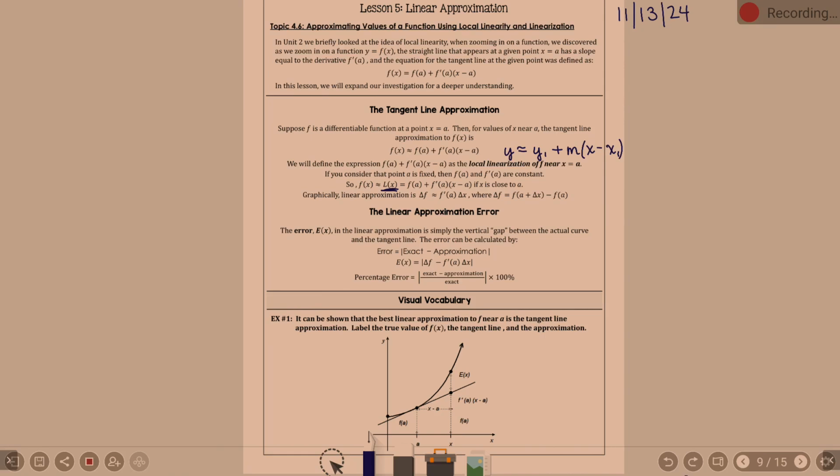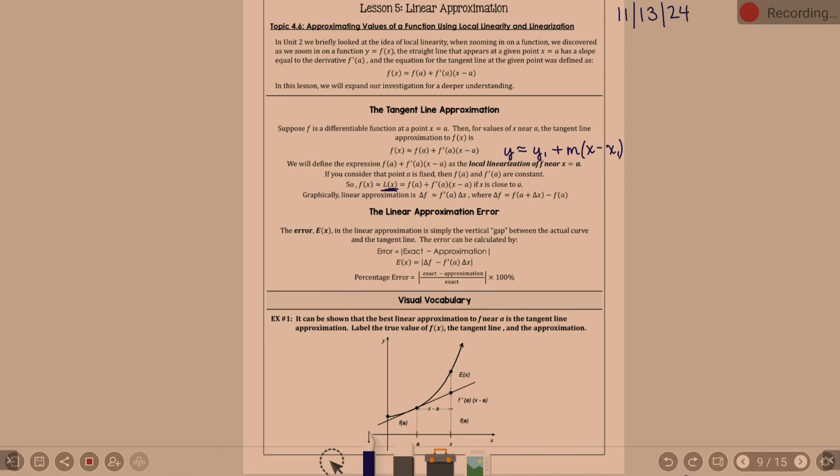We are also going to talk about linear approximation error. You'll be asked to find some error. The error in the linear approximation is just the gap between the actual curve and the tangent line. How far apart is it? At the point of tangency, it's real close. The farther away you get from that point, the larger the error becomes.